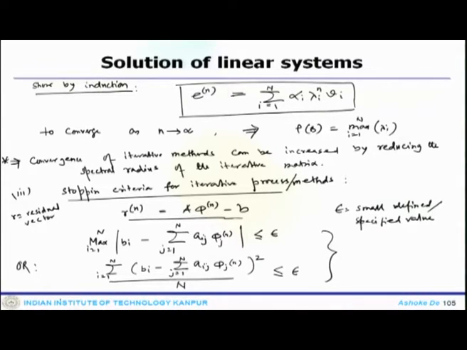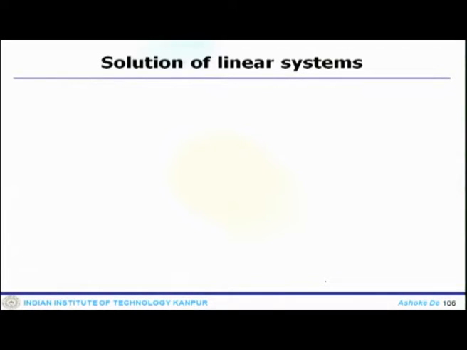Another possible criterion is for the maximum normalized difference between two consecutive iterations to drop below epsilon, which means, alternatively, the max over i of phi i n minus phi i n minus 1 divided by phi i n, as a percentage, falls below some value.